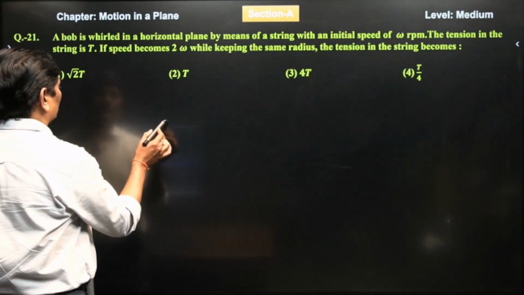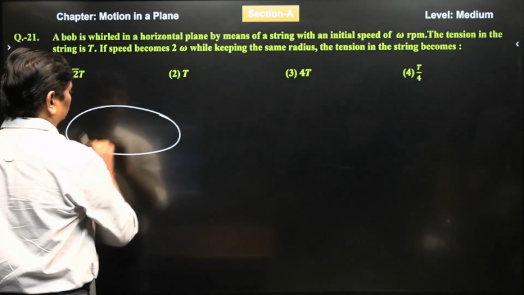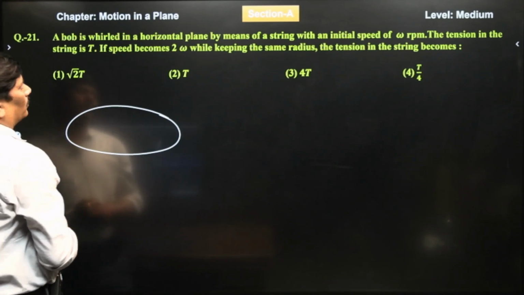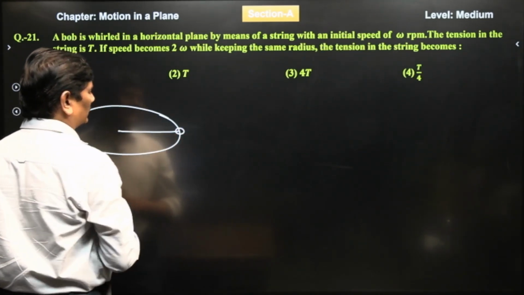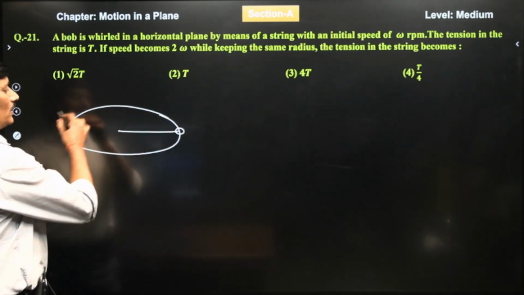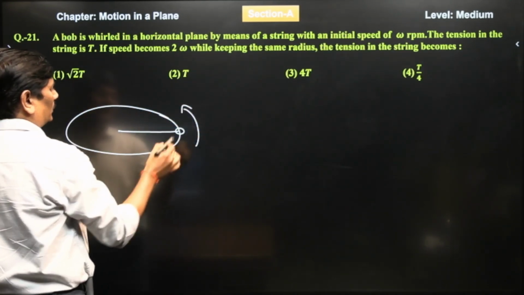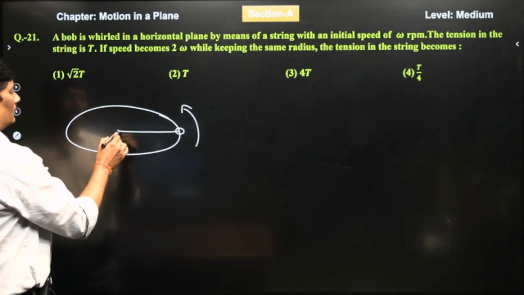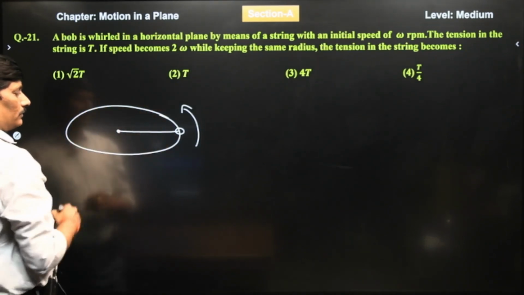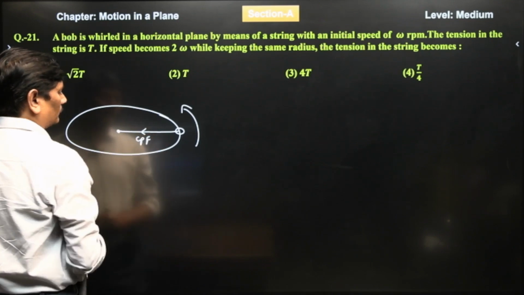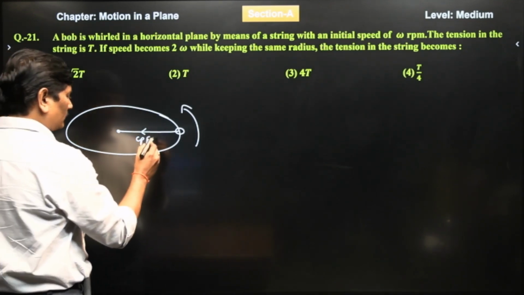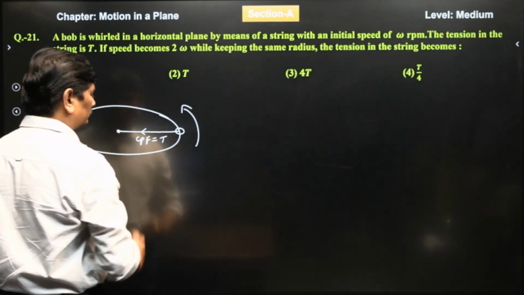Now see the circular path followed by the bob when attached to a string and whirled in the horizontal circle. It is revolving like this. For this circular motion, centripetal force is required, and that is provided by tension.